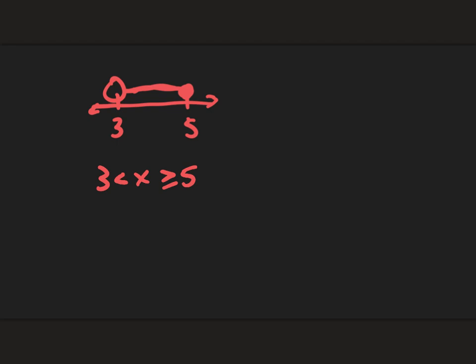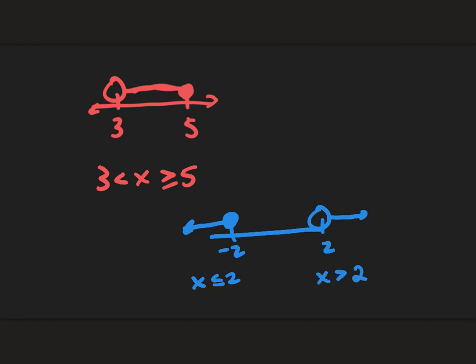Now for the or situation. So let's say -2 and then +2. I'll keep one open and I'll close the other one. So how will we write this? This will be the numbers: x is less than or equal to -2, or x is greater than 2.